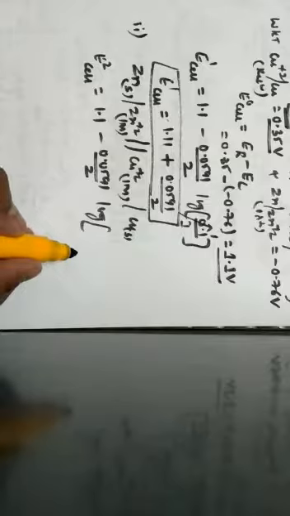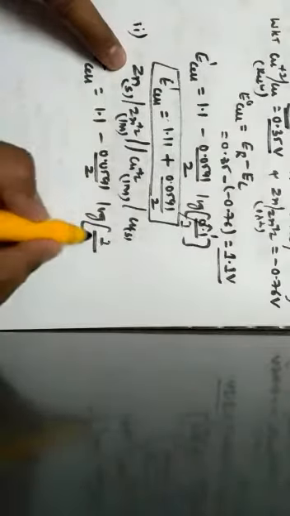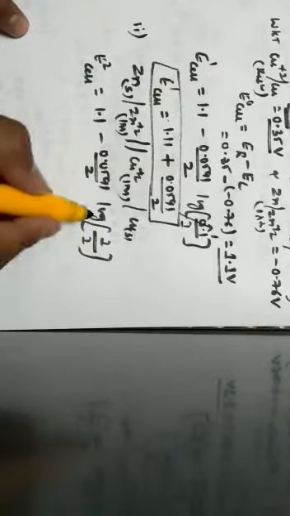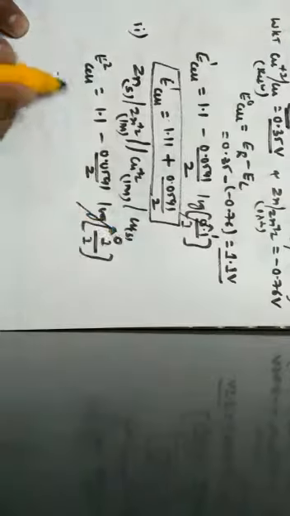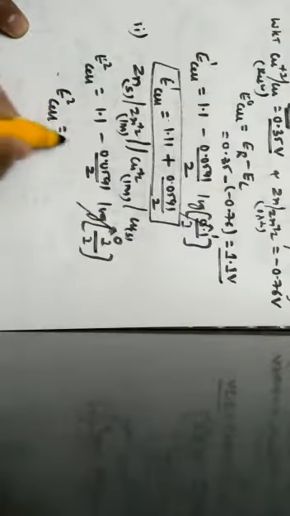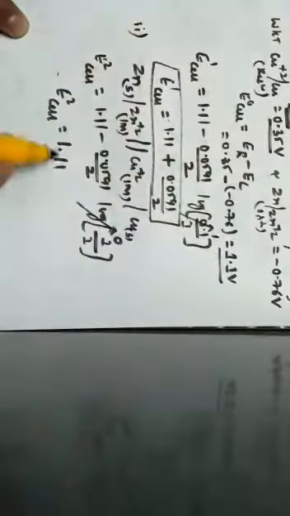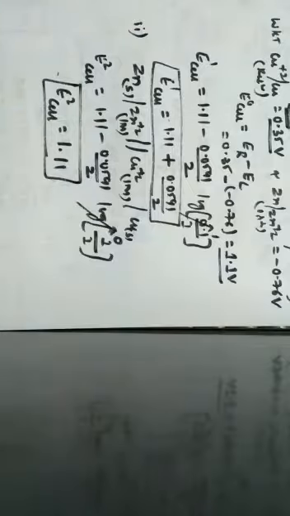Oxidation is involved with zinc, which has a concentration of 1 molar, and copper also has a concentration of 1 molar. So this will be log of 1 by 1, and log of 1 by 1 tends to 0. Hence this E2 cell is 1.1 volts.